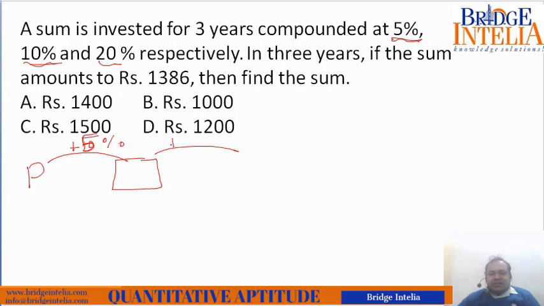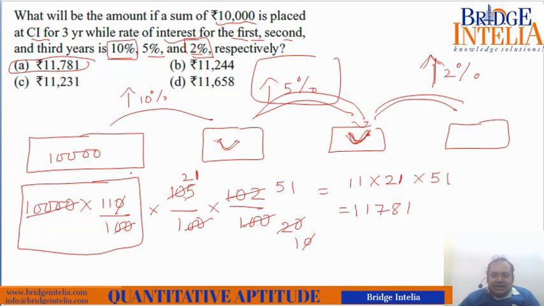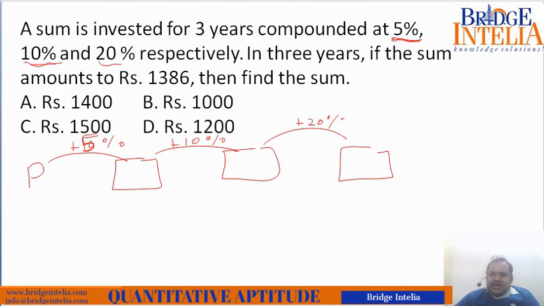The second increase is of 10%. The third increase is of 20%. Even if you change the order of 5, 10 and 20, the answer is not going to change. Why? Because ultimately you are multiplying. The order of multiplication does not matter.